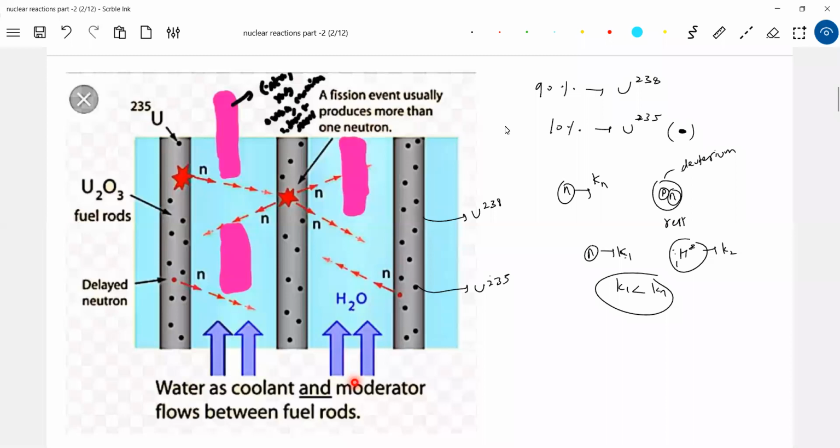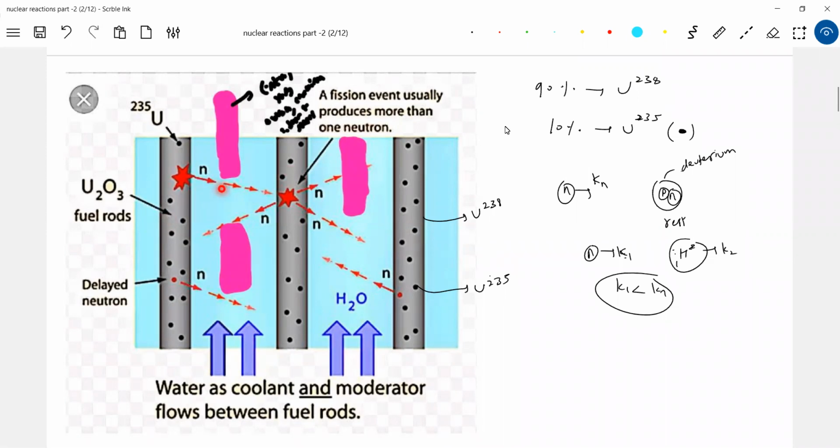Moderator means one which will decrease the kinetic energy. Moderator moderates. We'll say please control. So here we will control the kinetic energy of the neutrons. You can't place one molecule here, because what type of neutron do we want?